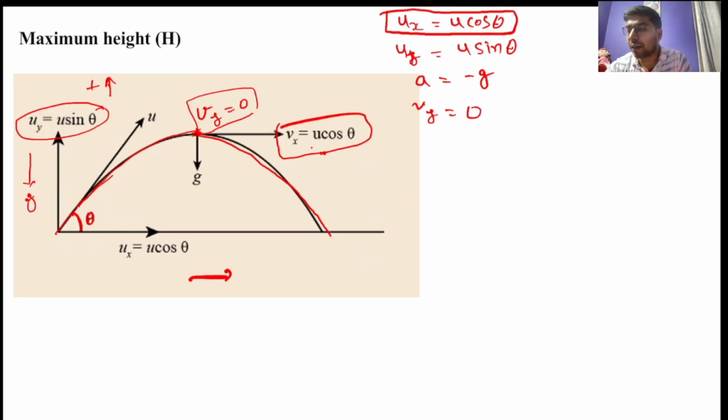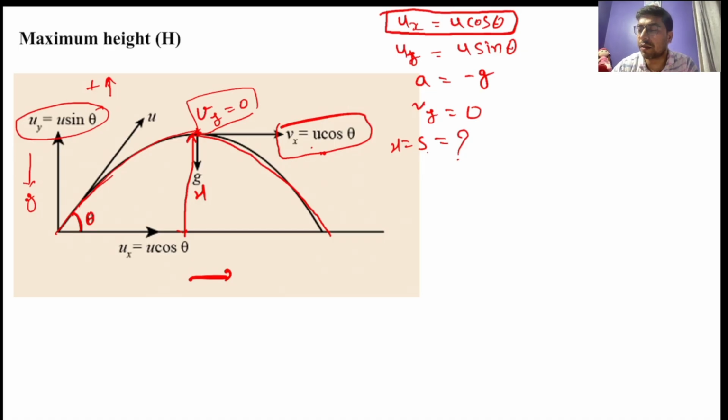Now think, we have to calculate this vertical displacement. Okay. Now which relation can relate this vertical displacement, s, we can write h or s, both are the same thing, with Vy, a and uy, the initial velocity?